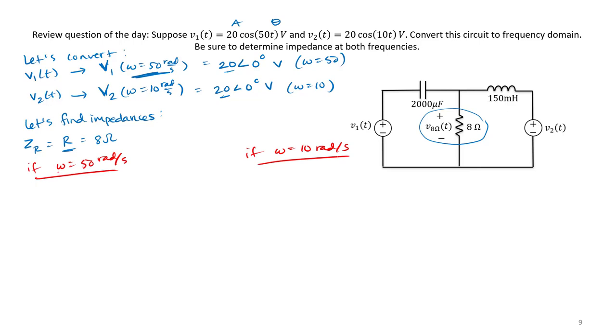If our omega is 50 radians per second, then we know the impedance of our capacitor is 1 over j omega C, which is 1 over j times our omega being 50, and our capacitance C being 2000 times 10 to the minus 6 farads. That gives us minus j10 ohms if we're at 50 radians per second.